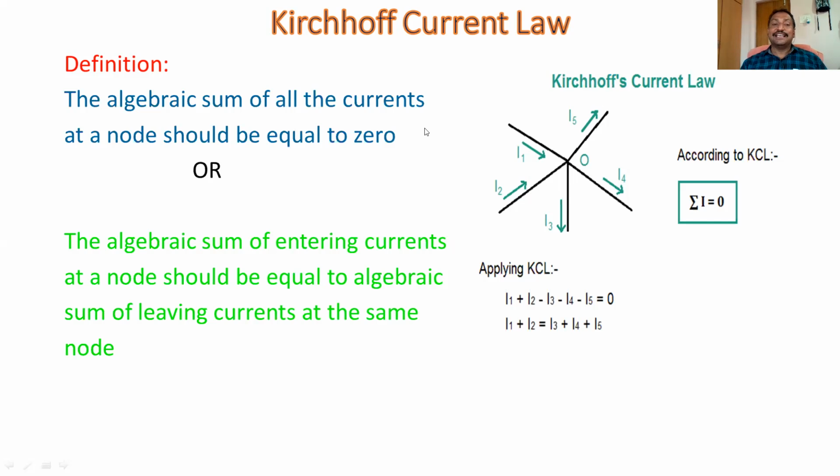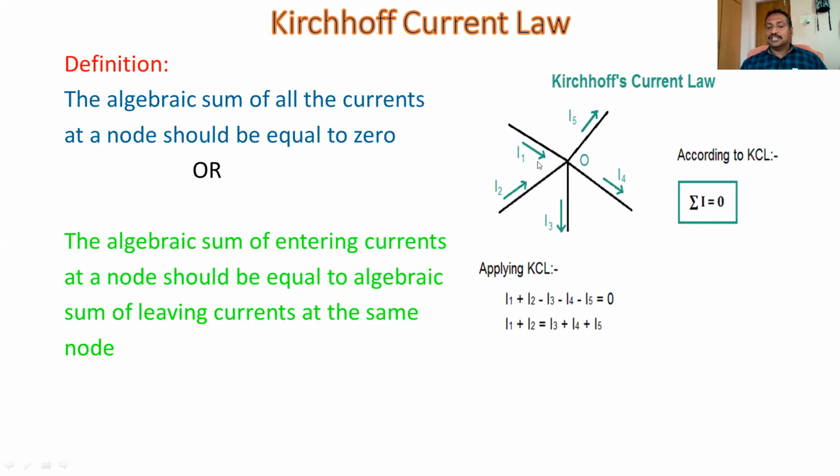That is the definition of this Kirchhoff law: the algebraic sum of all the currents at a node should be equal to 0, or the algebraic sum of entering currents at a node should be equal to the algebraic sum of leaving currents at the same node.